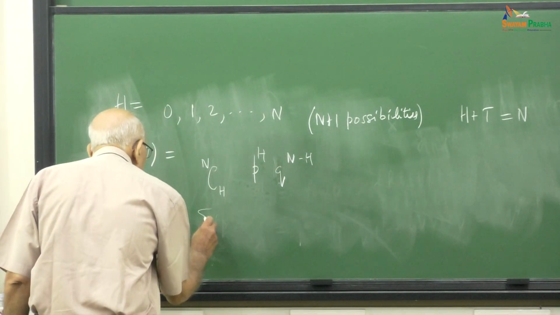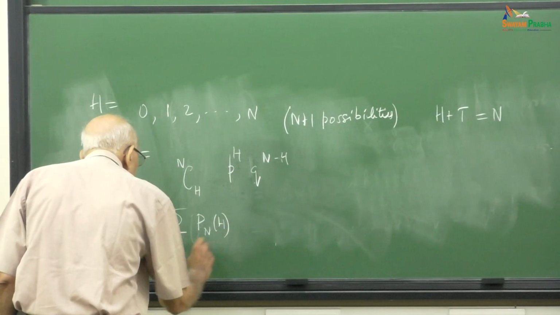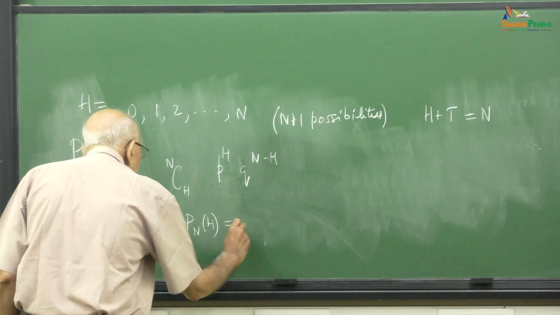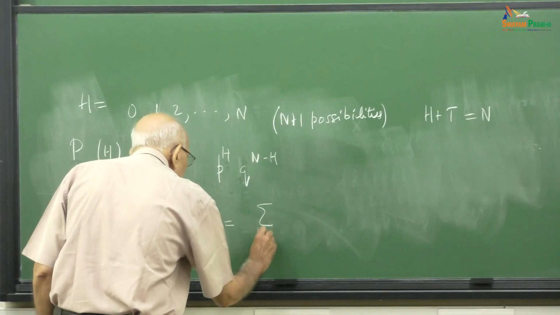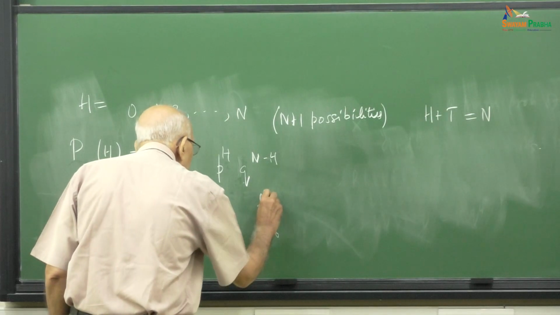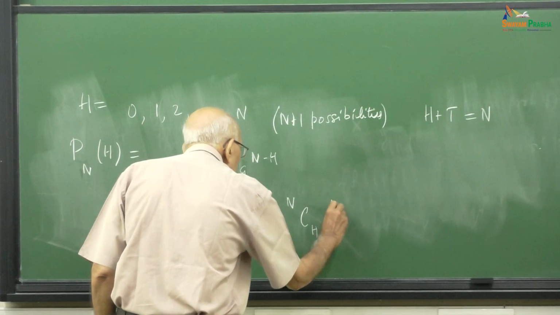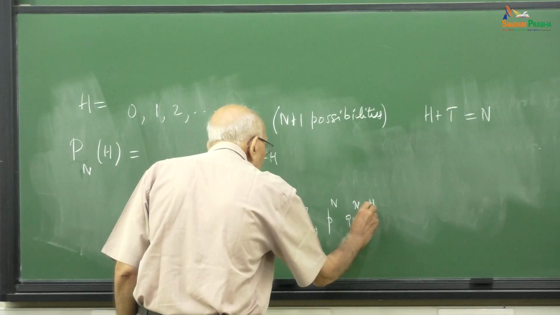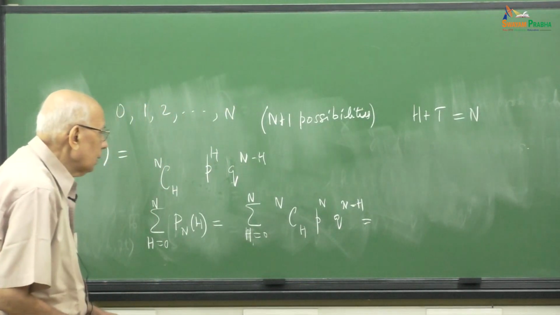So if I sum Pn(h) from h equal to 0 up to n, this is equal to what?